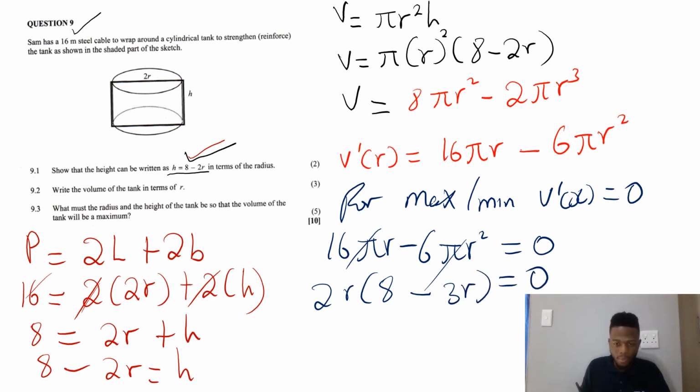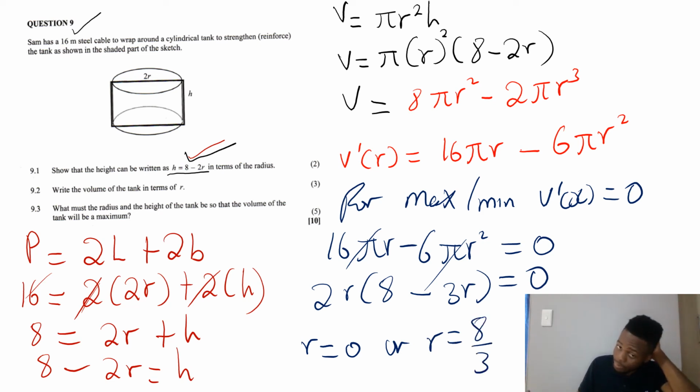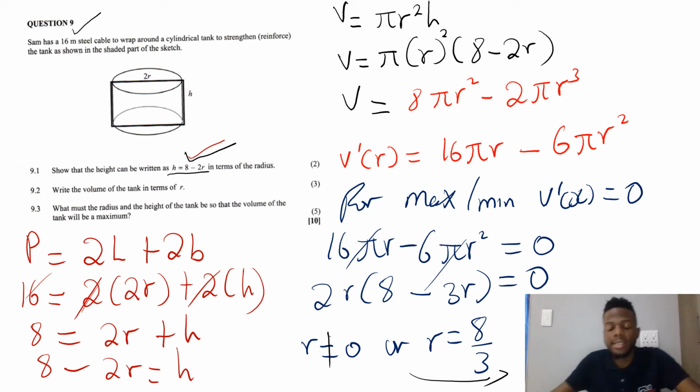So it means our r is going to be 0, or our r is going to be 8 over 3. Obviously, because r is a radius, we cannot have a radius of 0, so this one is not the correct one. The correct one is 8 over 3, which is the same as 2.66666. So this is our radius.